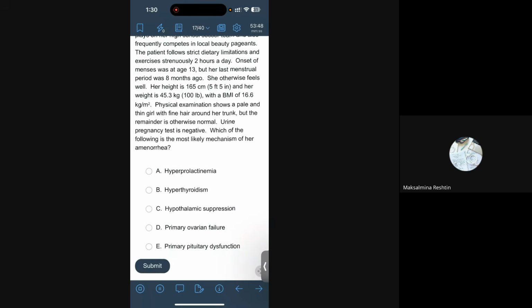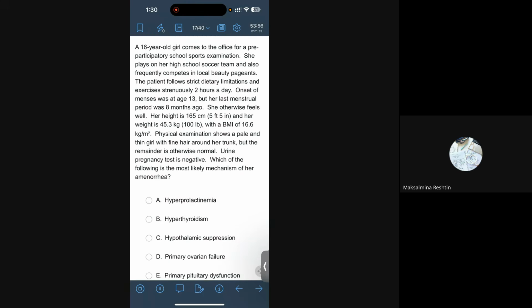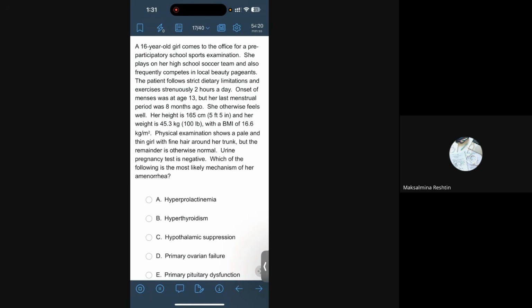Which of the following is the most likely mechanism for this patient's amenorrhea? A 16-year-old girl, pre-participation school sports examination, plays on her high school soccer team, and also frequently competes in local beauty pageants.